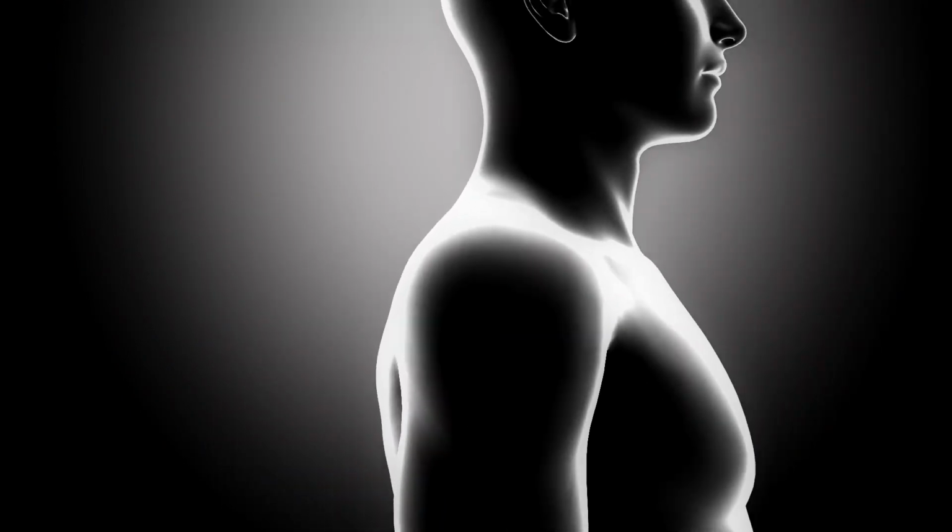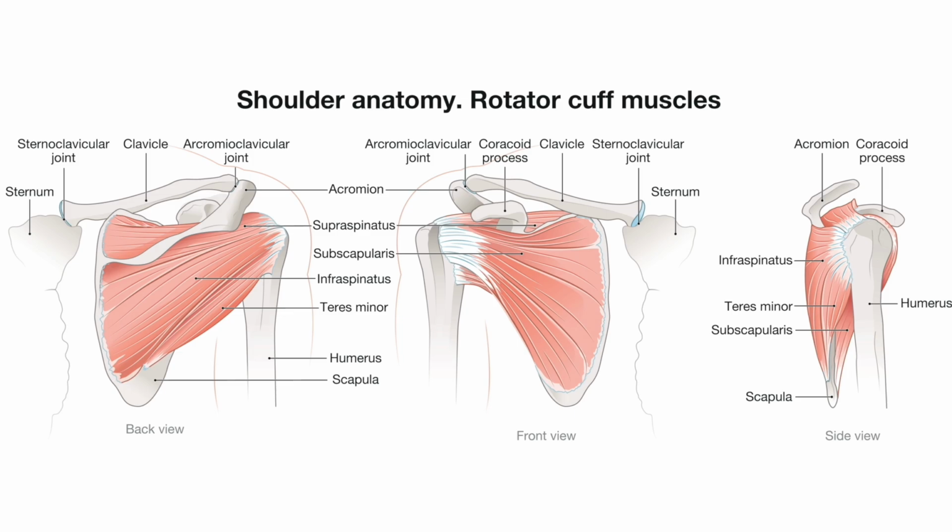Now, another structure that we need to be familiar with is the rotator cuff. It's actually 4 different muscles that come together and share a common tendon to attach to the humerus. And these 4 different muscles are the supraspinatus, the infraspinatus, the teres minor, and the subscapularis. These muscles have 2 main functions.